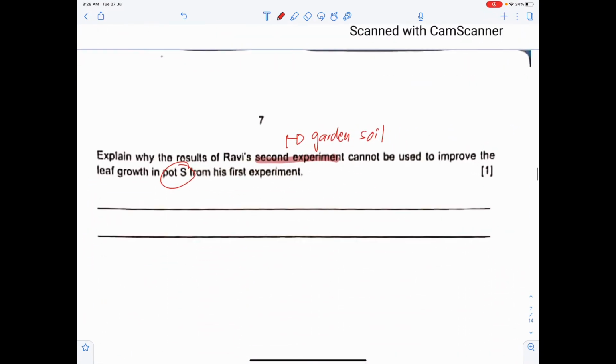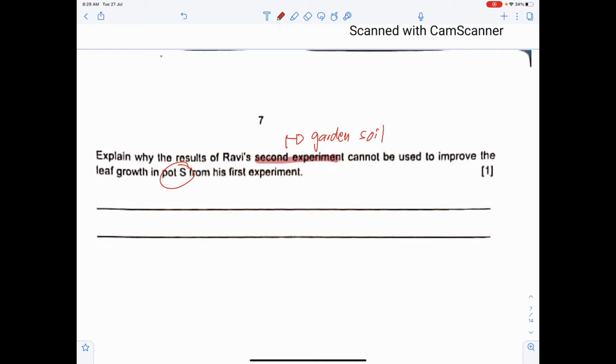In a way, it's an unfair test, but not really, because these two were not conducted in the same experiment. It's just that he took the results from one experiment and tried to apply the findings to another experiment or a different scenario. So it's an unfair comparison. So what would the answer be?